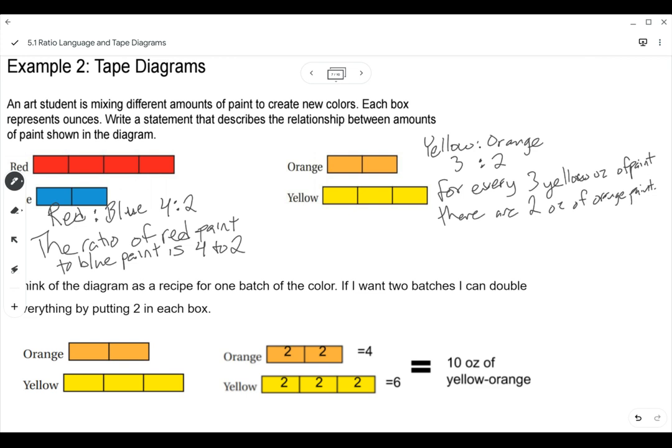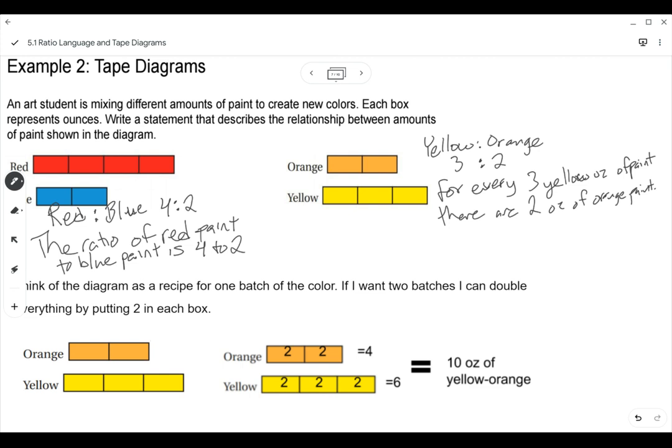I'm lazy and I would rather not have to draw more boxes every time I want to double something. So rather than drawing all these boxes, we're going to just put the amount we want to increase it by, in this case, doubling it. So 2's in all of the boxes. So now we have a ratio that is 4 to 6, where we used to have 2 to 3.